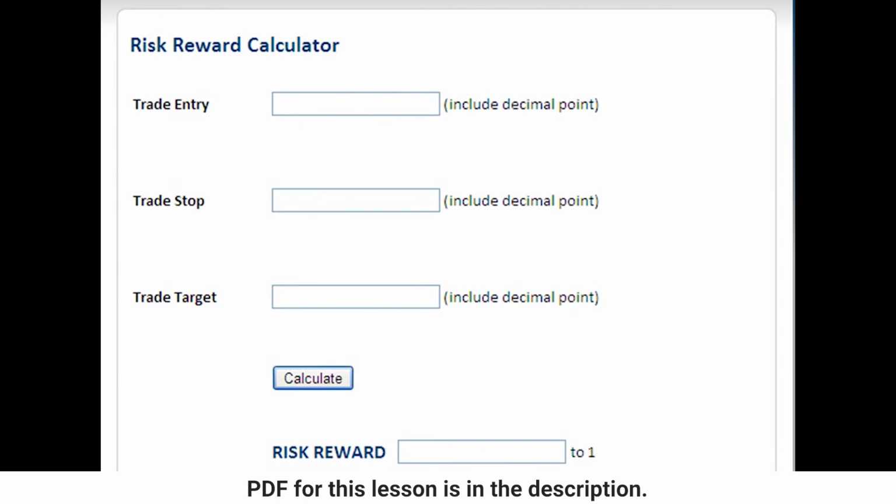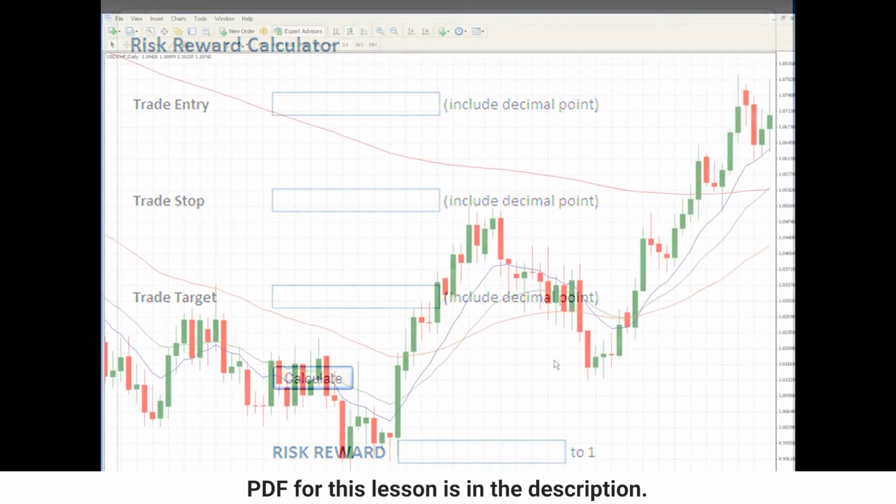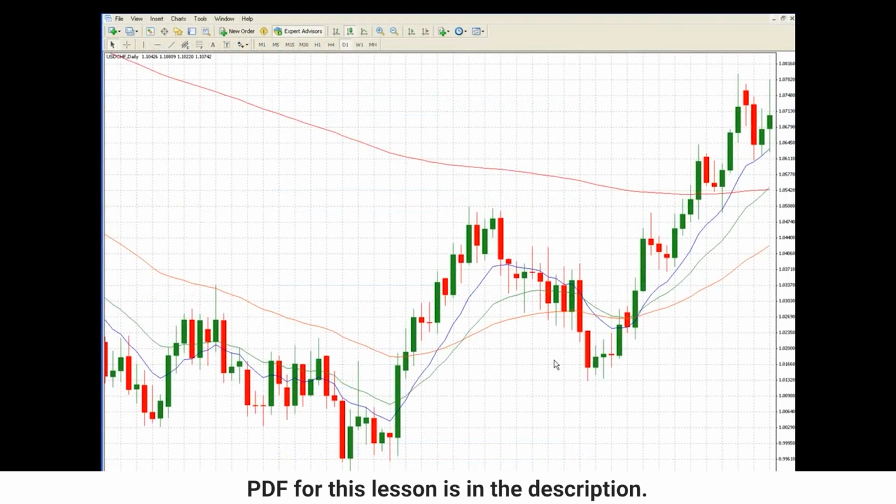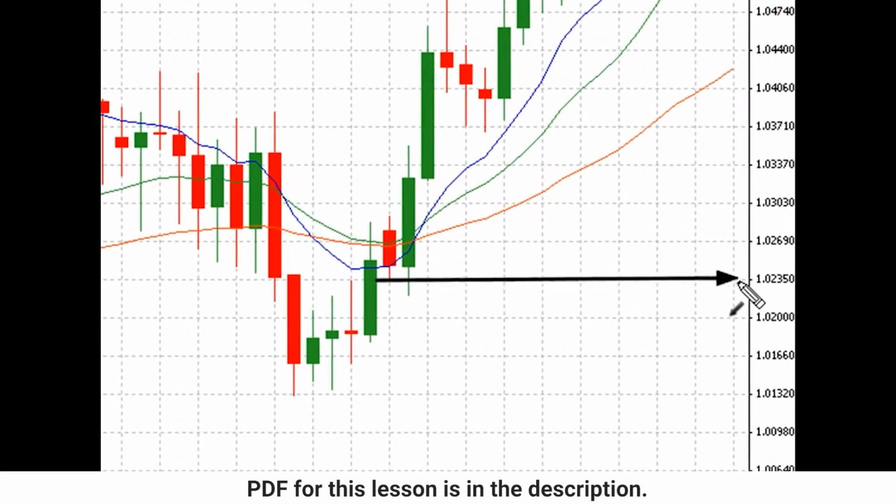So let's look at a quick example. This is US dollar against Swiss franc on the daily time frame. Let's just say that you entered a trade at this price here, 1.0235. Remember, we just look at the 4 decimal places.